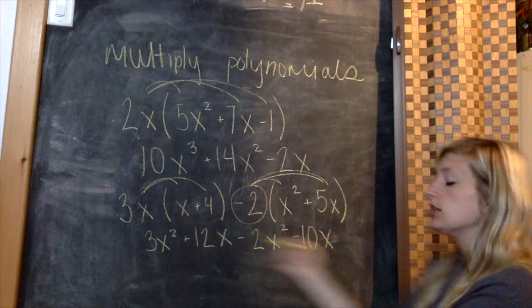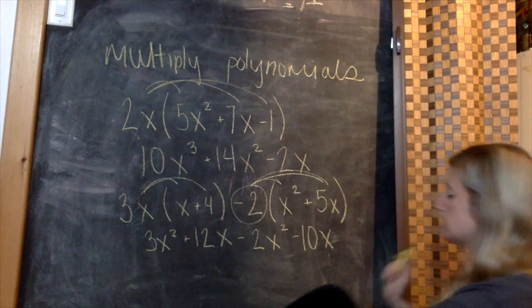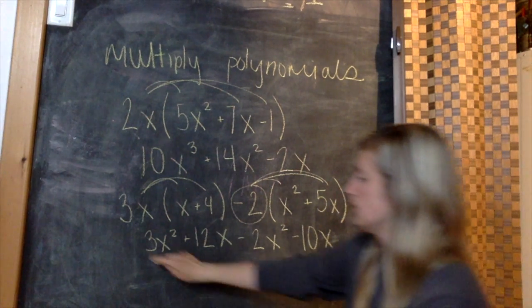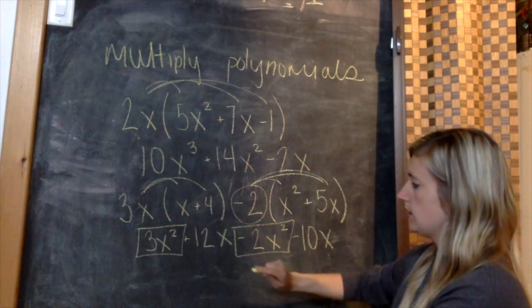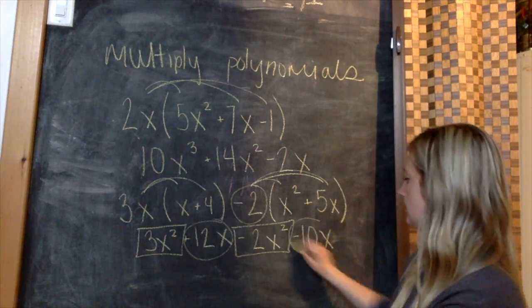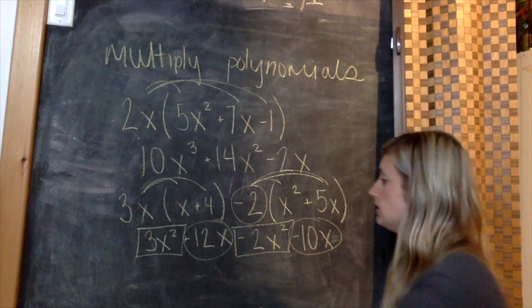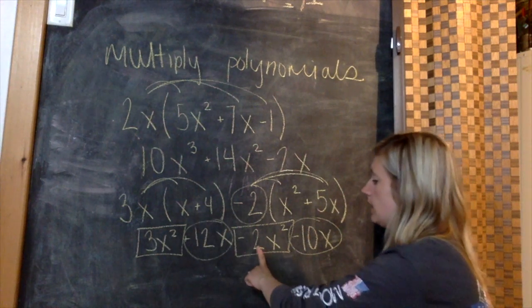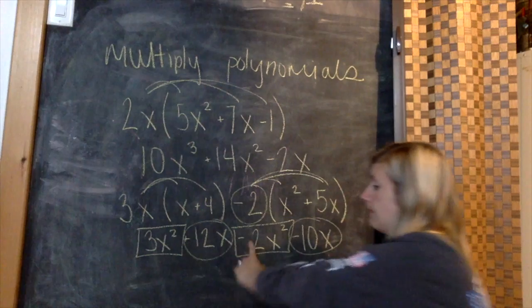So now from here, we have to go back and see if we need to combine any like terms. So let's see. I see an x squared and an x squared. And I see an x and an x. So now you're just simply going to combine those coefficients. So I have 3x squared and a negative 2x squared, which is 3 plus negative 2, or 3 minus 2.